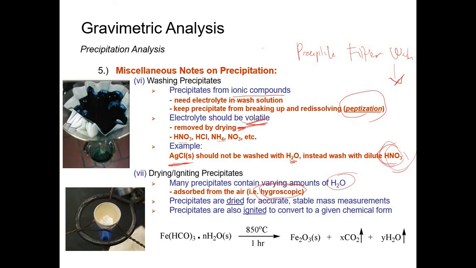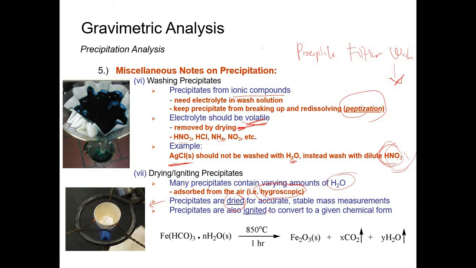Mo-absorb sila og moisture from air. So for accurate stable mass measurements, these precipitates are dried. As I've said earlier, when you do gravimetric analysis, the precipitates must be weighed many times. Dili lang kaisa. They must be weighed hangtod nga ma-constant na ang weight.